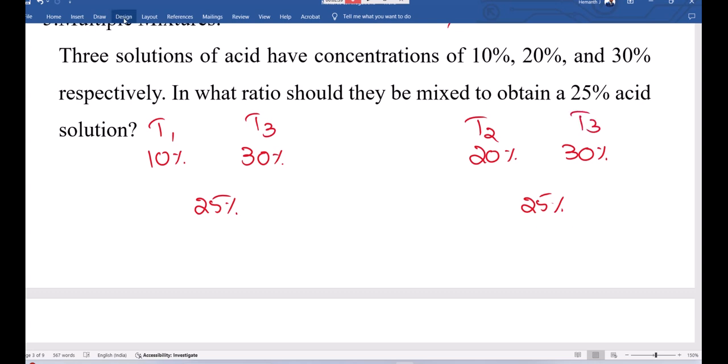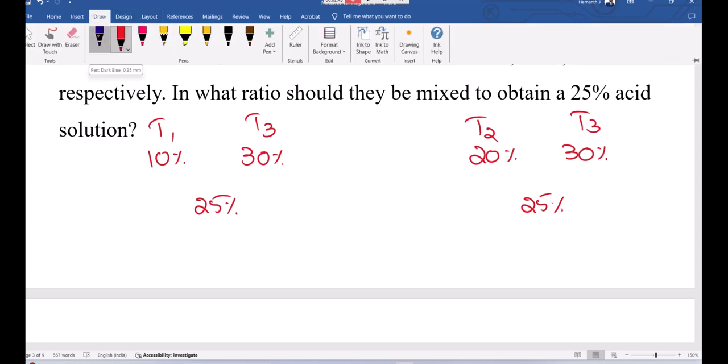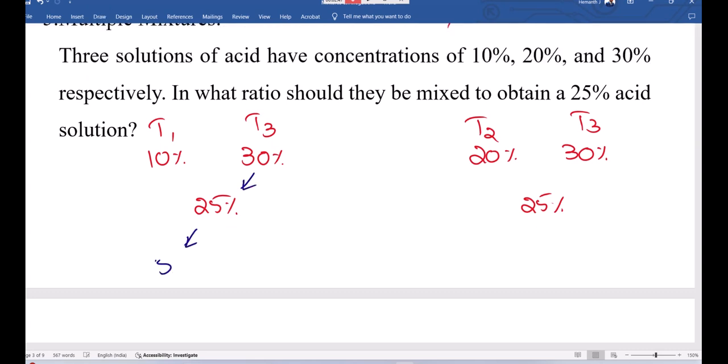And a lot of people again make mistakes in the final ratio as well. I'll show you what will happen. First of all, here we have to take the difference and put it on the opposite side, which is 5 and 15, 1 and 3 ratio. 1 and 3. Here this is 5, this side also 5, 1 and 1.